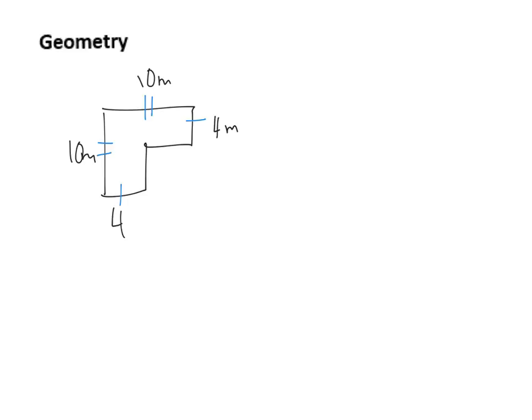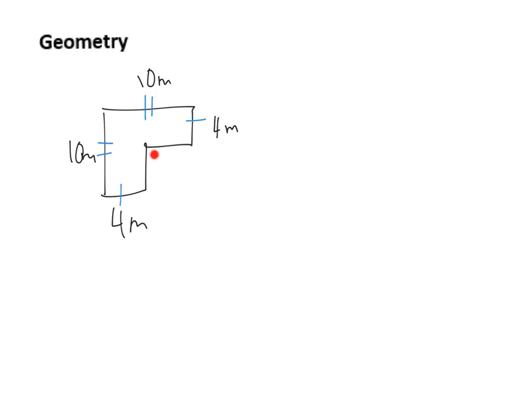So we would have these measurements here. Okay, and once they did that, you would be able to figure out the lengths of the missing sides. So we have the lengths of two missing sides here, here, and here.